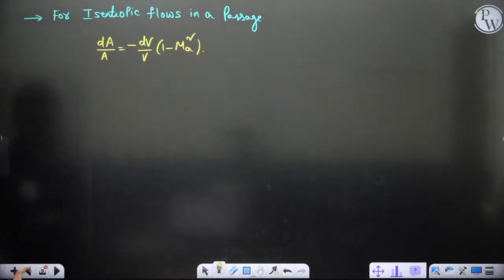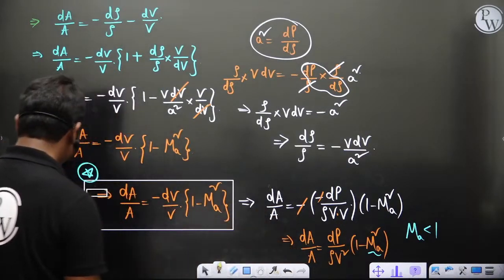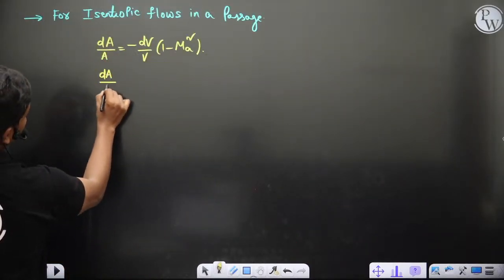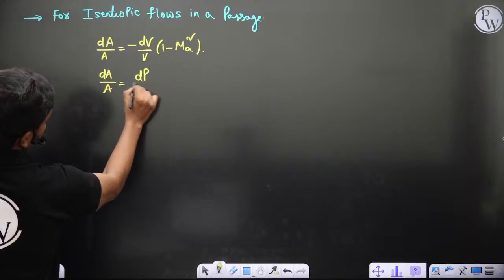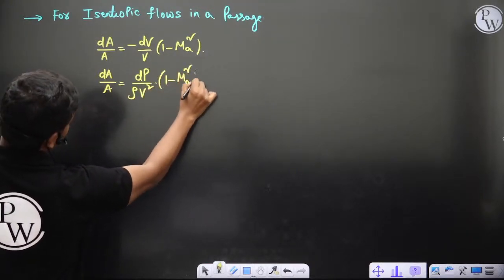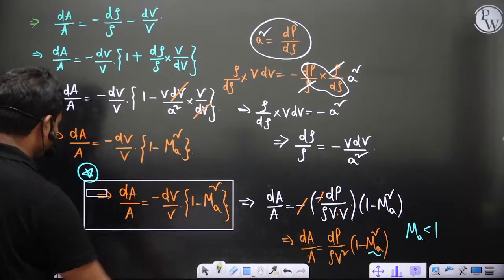Okay, so this is what we have here. From here we have also seen dA by A is also equal to dP by rho V square times (1 minus Mach square) again. So 1 minus Mach square, that's what you have got here.